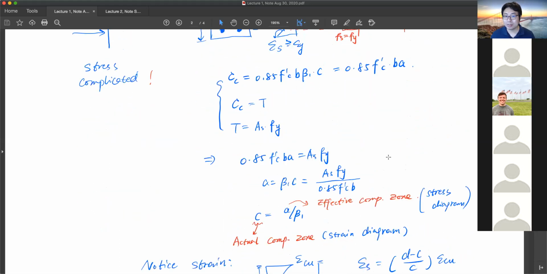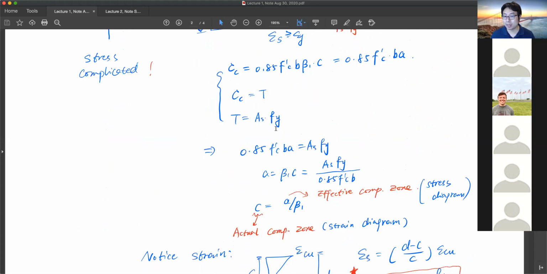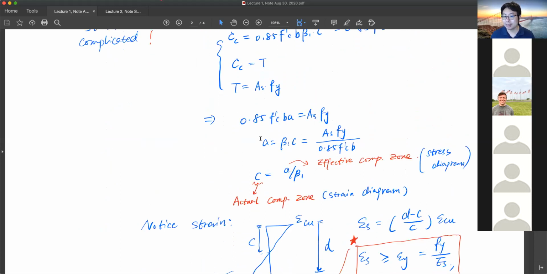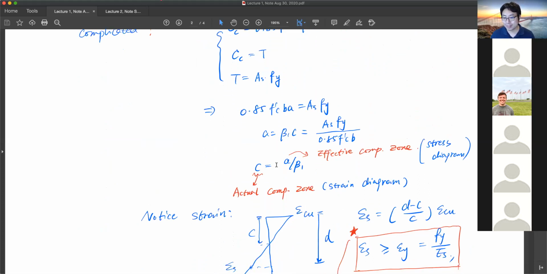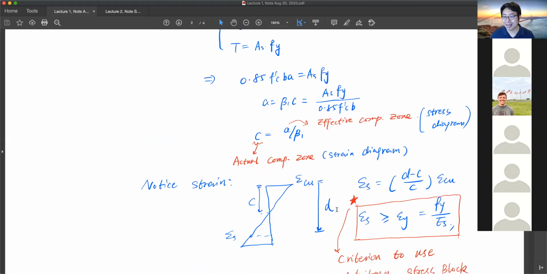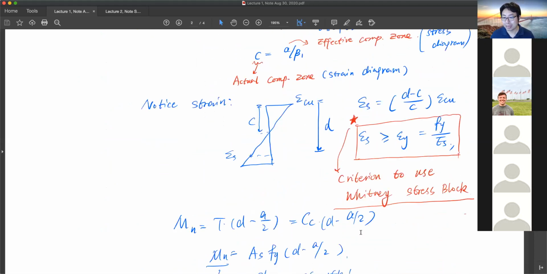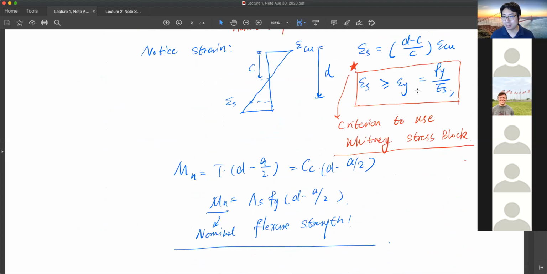With that, we come up with the equation: compression force 0.85 f prime c b a, Cc, equals tension force T, and T equals As fy, where As is the reinforcing area. Then we can compute a using this equation. Once you compute a, you go back to c, and once you have c, you can find the strain in the steel and make sure that it is bigger than the yield strain. This is very critical. Always go back to confirm that the strain in the steel is bigger than the yield strain.